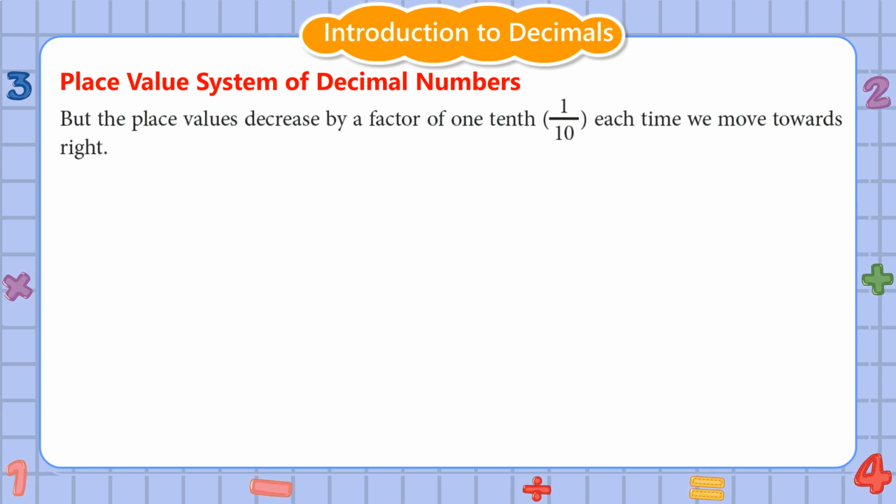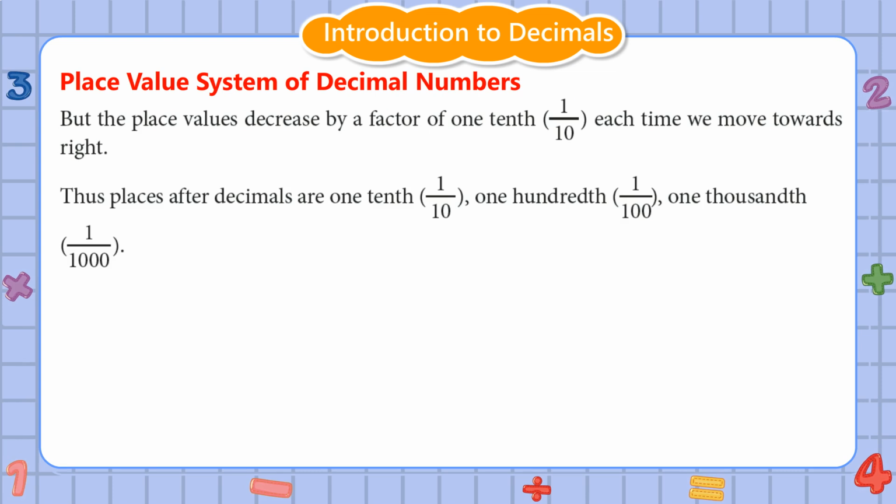But the place values decrease by a factor of 1/10 each time we move towards the right. Thus, places after the decimal are 1/10, 1/100, 1/1000.